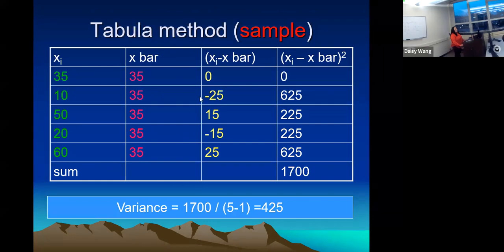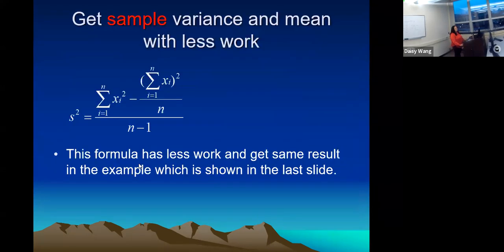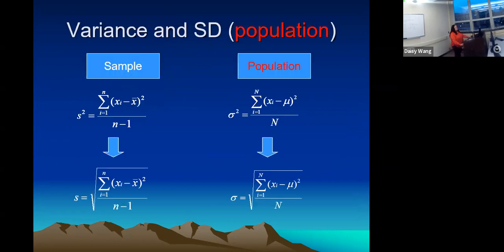So this is x bar, and this is xi minus x bar, and the square. Variance would be 425, and then the square root of variance is 20.62. Okay.